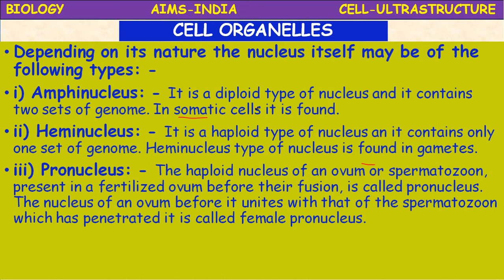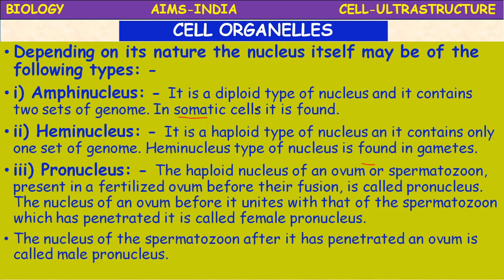So zygotic nucleus means by the fusion of male and female nucleus it is formed. The nucleus of the spermatozoon, after it has penetrated an ovum, means reached the egg cell or ovum, then it is called male pronucleus.